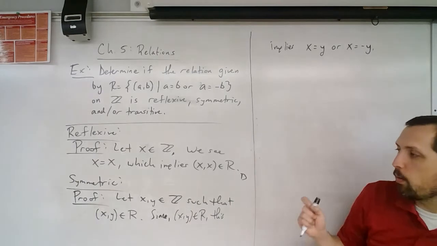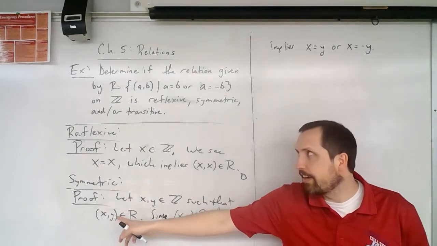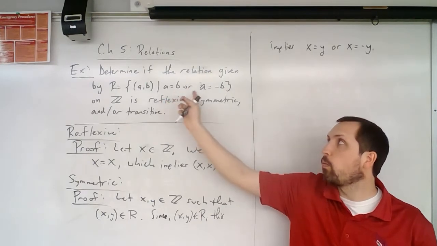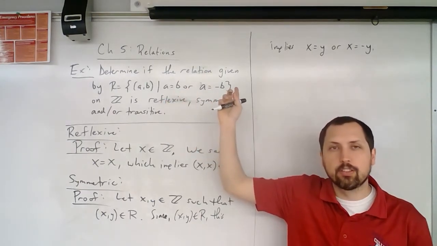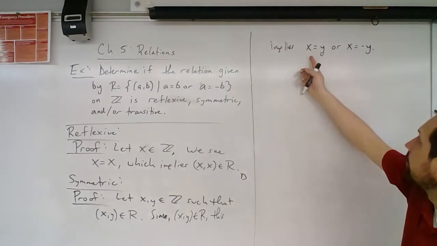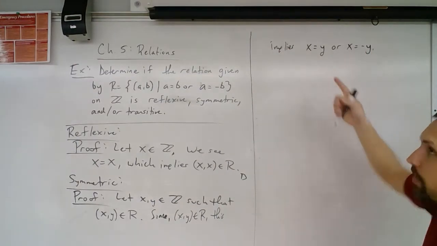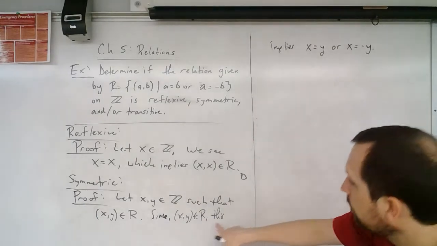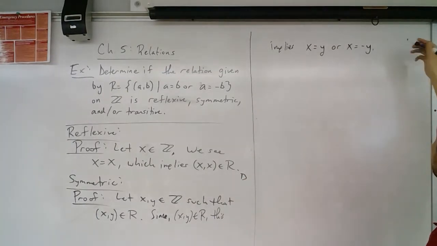Now to show that (y, x) is in there, we have to show that y is equal to x or y is equal to negative x. Well here, does y equal x or y equal negative x? Well, yes, we should be able to see that that's true from here. So since this is true, this implies this.